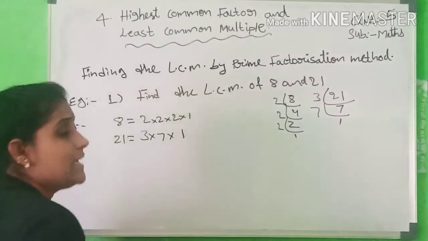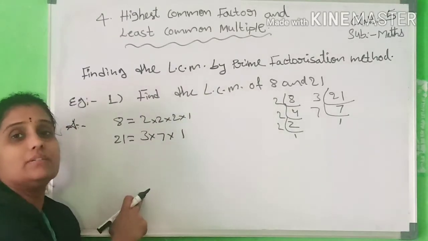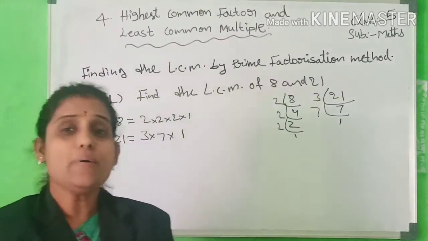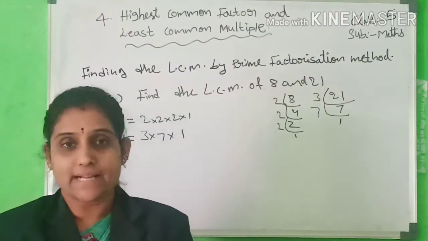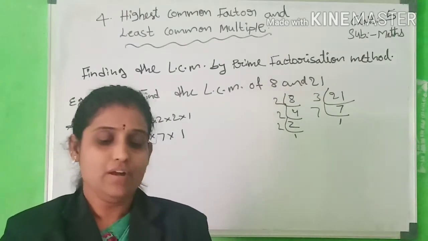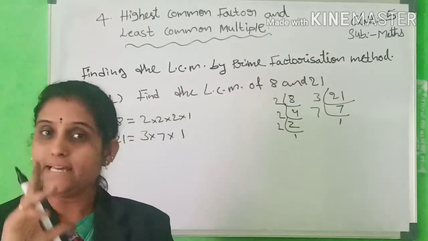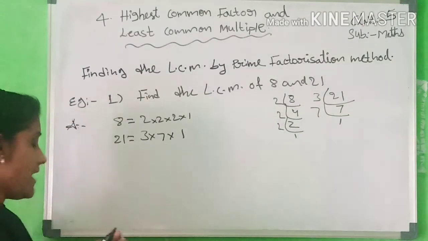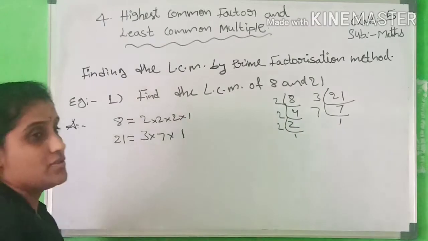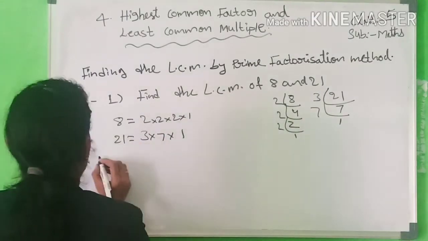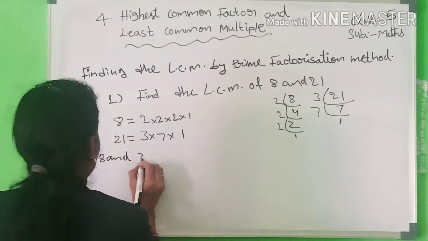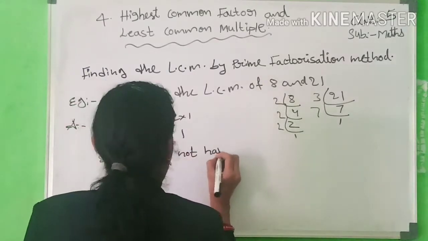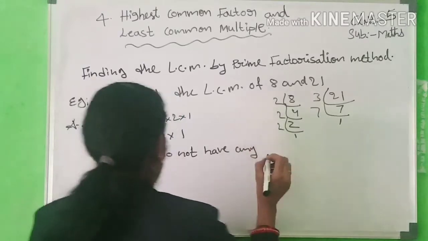Now look here, all of you, look at the board. Observe this problem. 8 and 21 do not have any common factor other than 1. Is it correct? Yeah. Hence they are co-prime numbers.